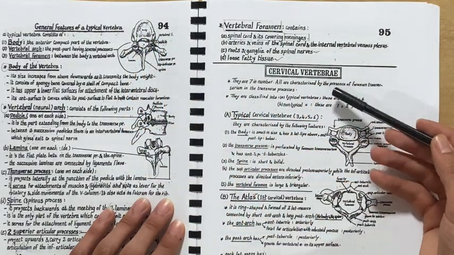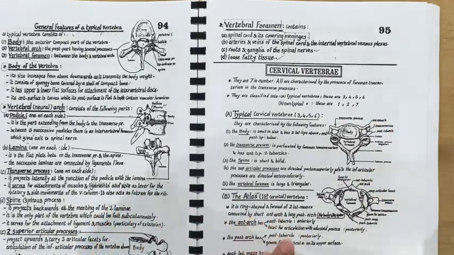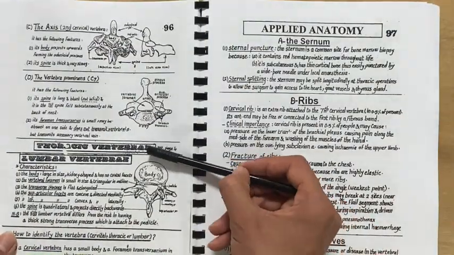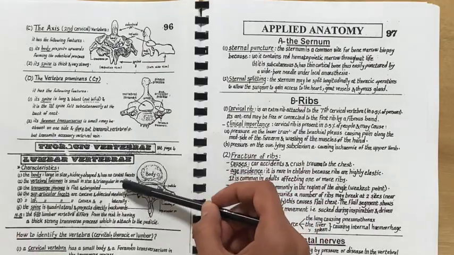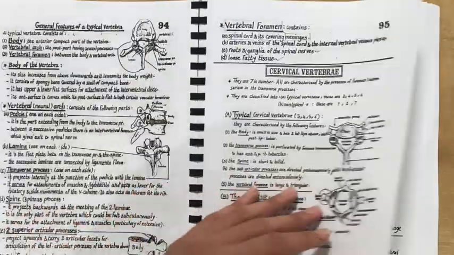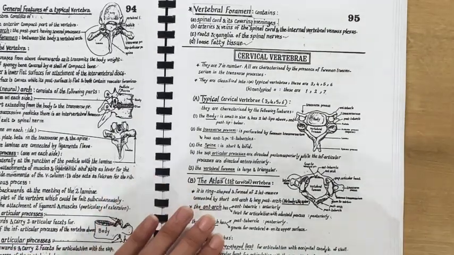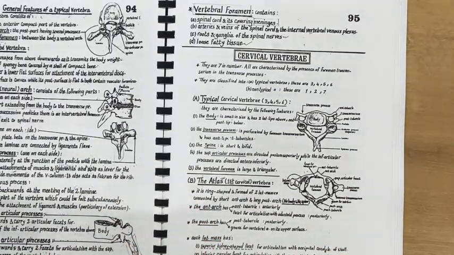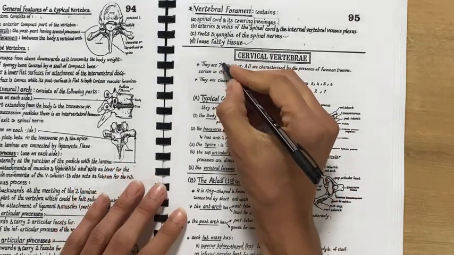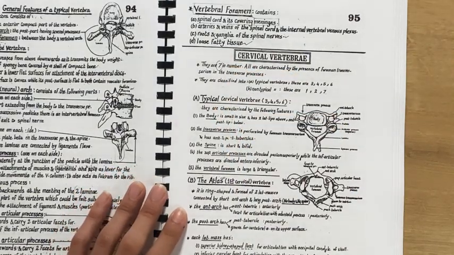So for example, in the cervical part, in the thoracic part, and in the lumbar part, okay? In the cervical part, we have to remind ourselves that there are 7 of them, okay?